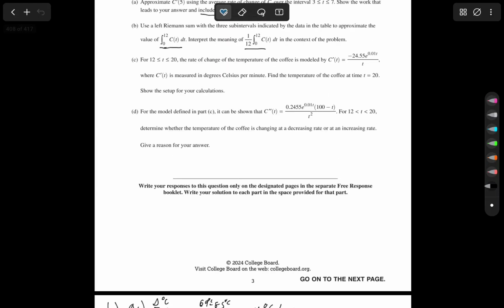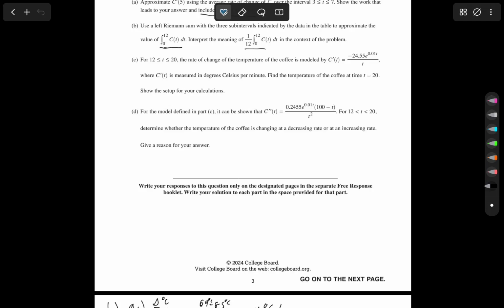For D, we want to actually graph this function. So we're going to go to y equals 0.2455 sec e to the 0.01x times (100 minus x) all over x squared.